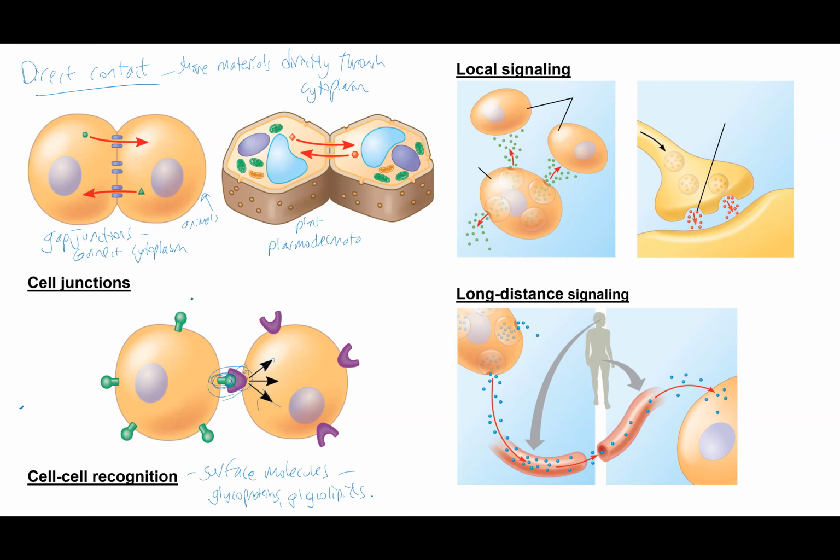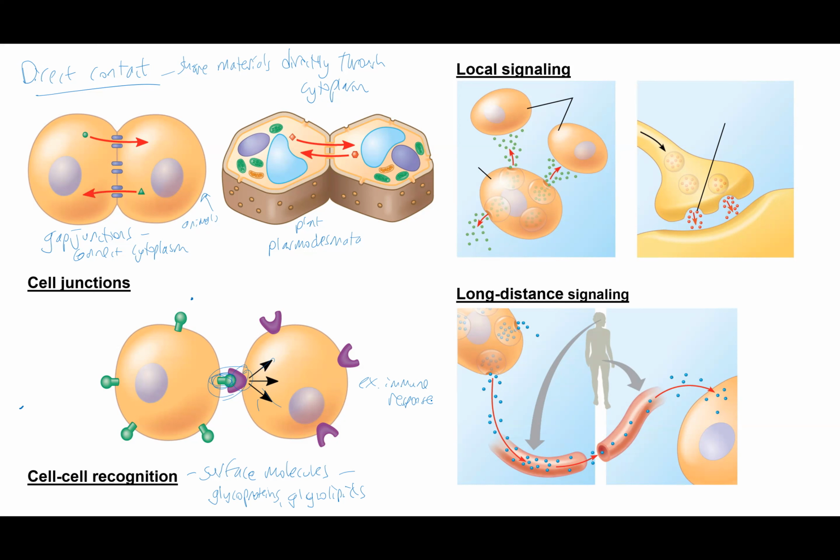So this is really important in things like the immune response. So when something that does not belong to the body comes in, it has antigens on it, and your body recognizes and says, hey, you're not one of us, and so we're going to get rid of you.